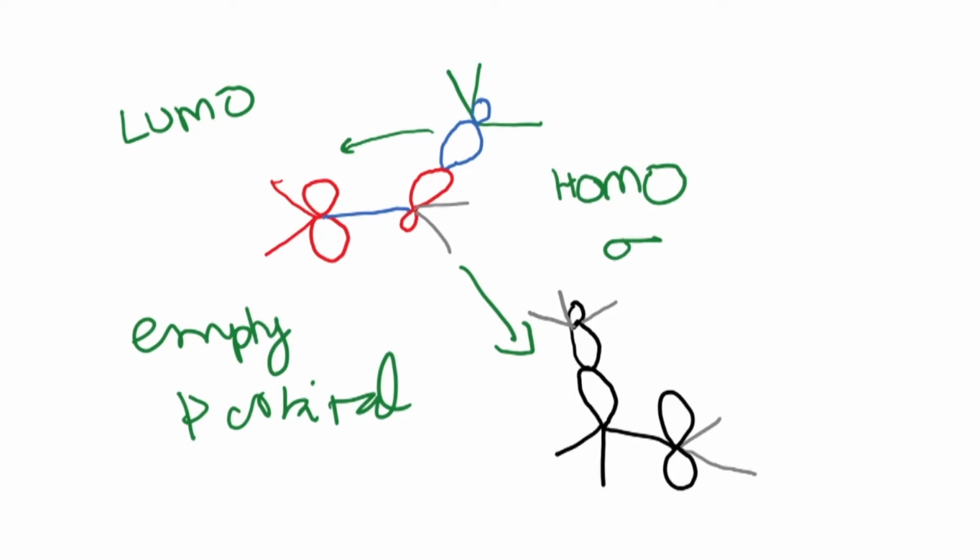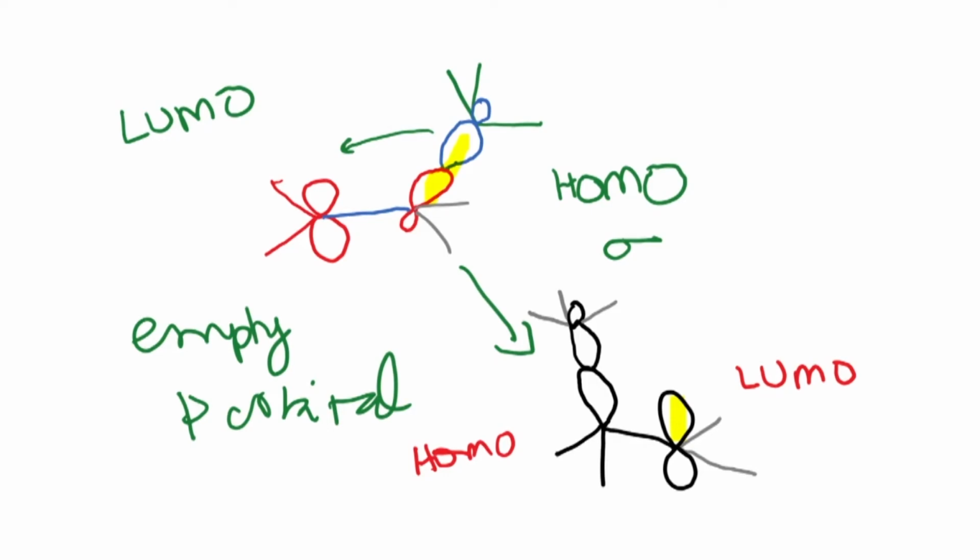So this sigma bond that was here has now transformed into an empty p orbital. So this is the LUMO now, and this is the HOMO if you're going to look at the reverse rearrangement in this process.